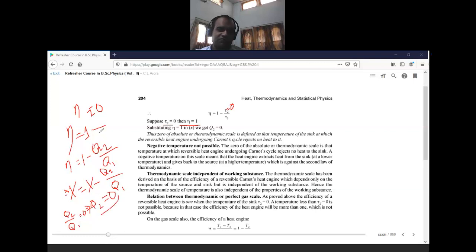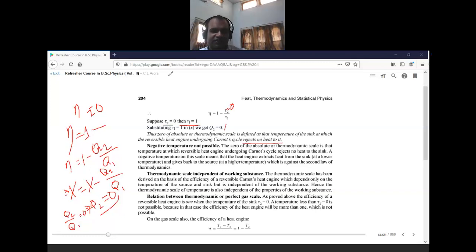Because eta is equal to 1 minus Q2 by Q1, if eta is equal to 1 as we obtained here, then Q2 will be 0. Thus, the zero of the absolute or thermodynamic scale is defined as the temperature of the sink at which a reversible heat engine undergoing a Carnot cycle rejects no heat to it.